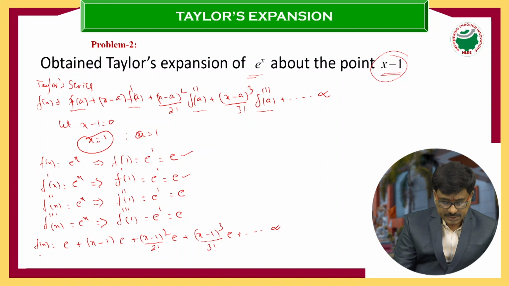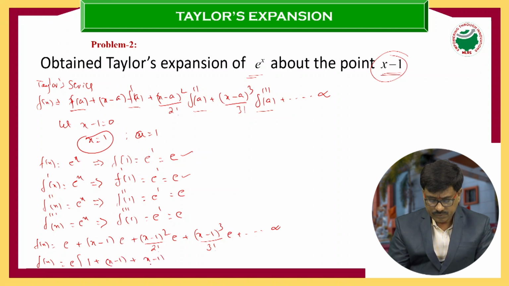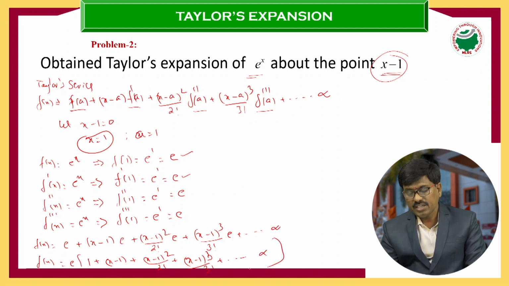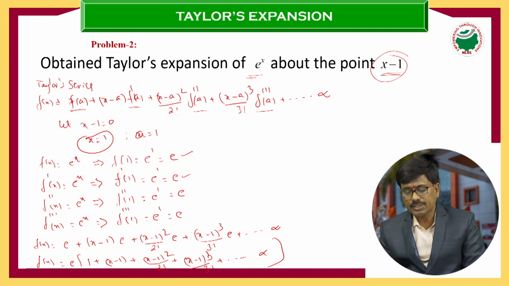What is common in this expansion? e is common. f of x equals e times [1 plus (x minus 1) plus (x minus 1) whole square by 2 factorial plus (x minus 1) whole cube by 3 factorial plus so on to infinity]. This is the expansion of e power x at the particular point x equal to 1.